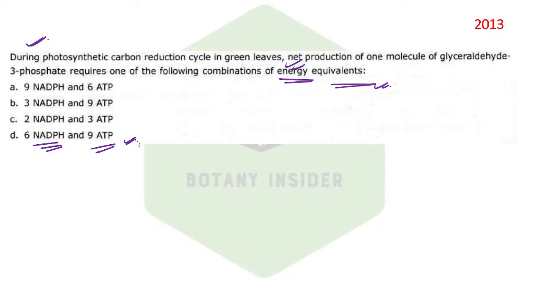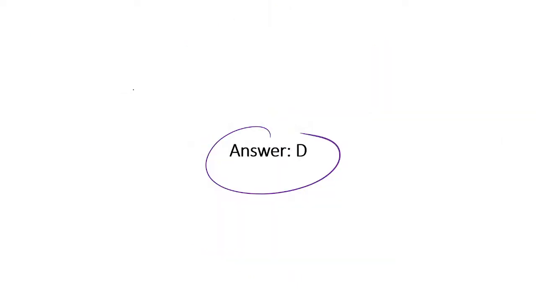It is asking you about one molecule. If it is asking about one molecule, the answer should be option number B. Yes, B is the correct answer. D is not the correct answer, because it is asking about one molecule of the glyceraldehyde 3-phosphate. Get this thing corrected. B is the correct answer. I don't know, answers have changed today.